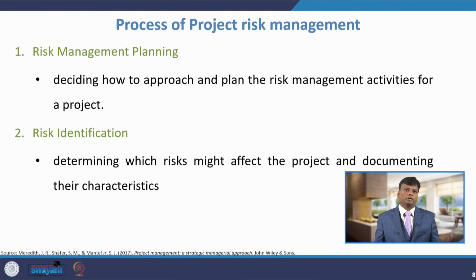The first step is risk management planning. Here, we decide how to approach and plan the risk management activities for a project. The second step, after planning, is risk identification. Here, we determine which risks might affect the project and document their characteristics.